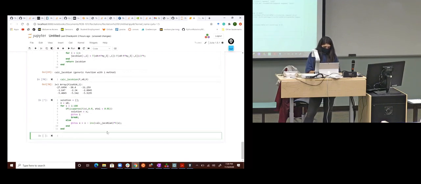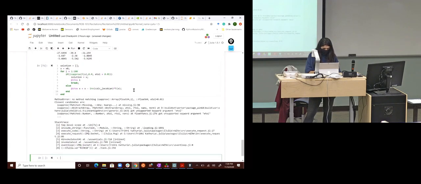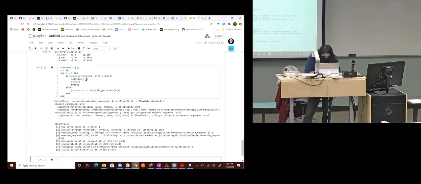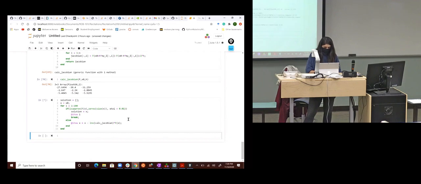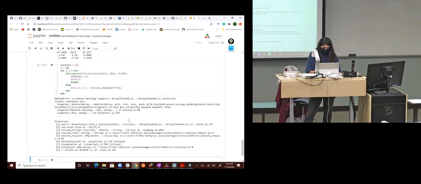Let's see. No method matching isapprox. And zeros, size of x. My bad.